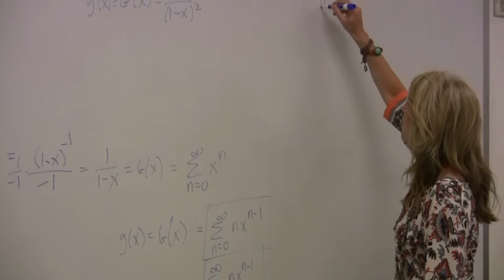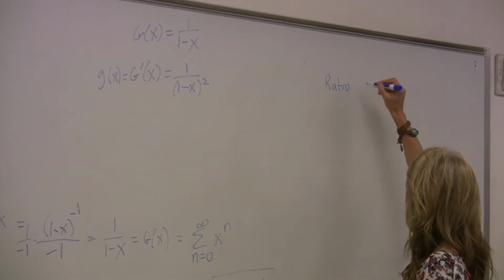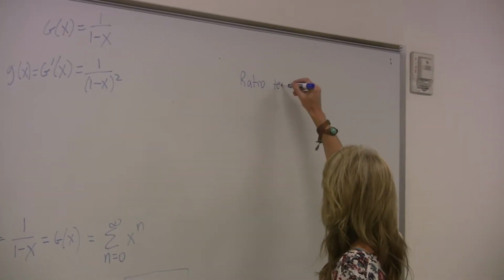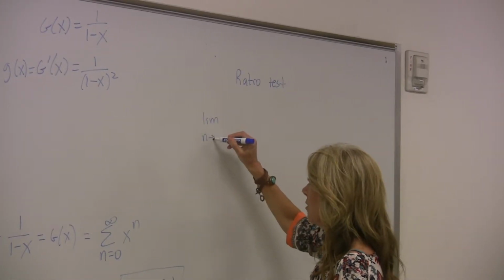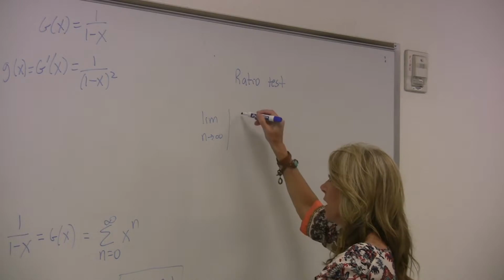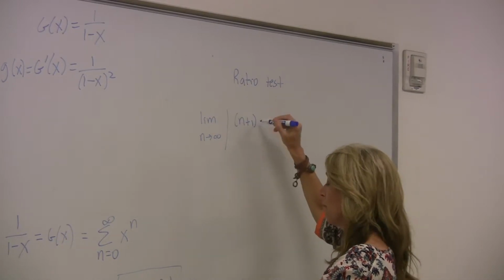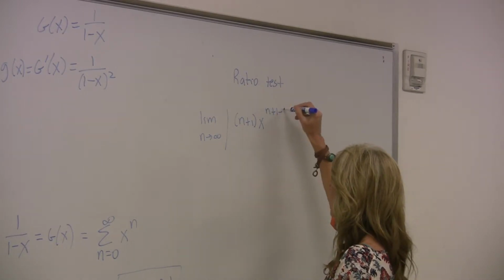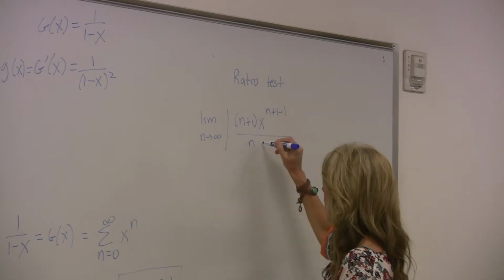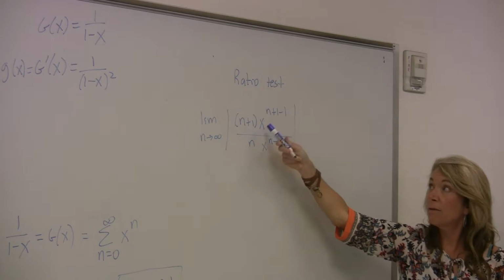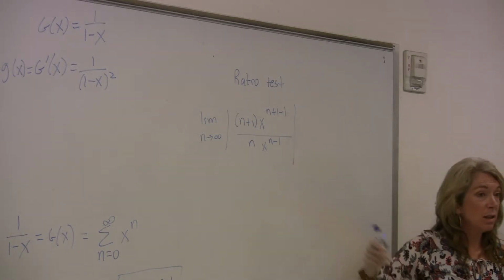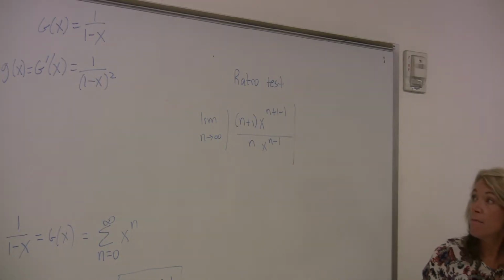So if I do the ratio test, we can find the radius of convergence. So I'm going to take the limit as n goes to infinity of the n plus first term over the nth term. I plugged in n plus 1 for all my n's, and n for all my n's.